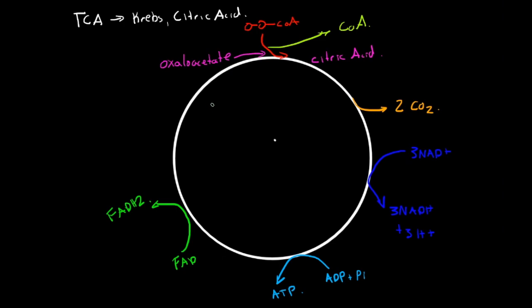I just wanted to kind of summarize what we've done so far. So from 1 glucose, how many NADHs have we made? If we include every single step, this is important, we have made 10 NADHs so far.